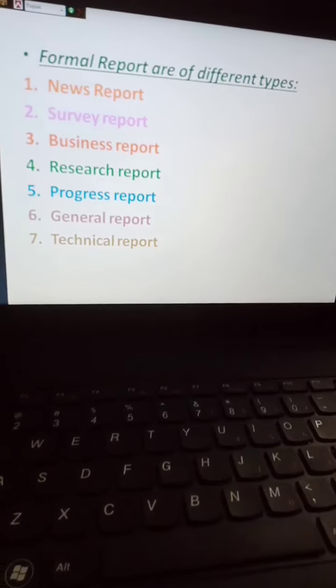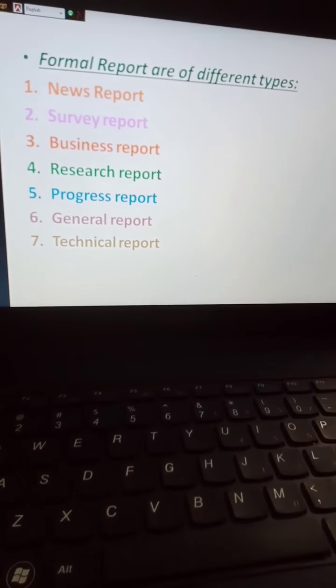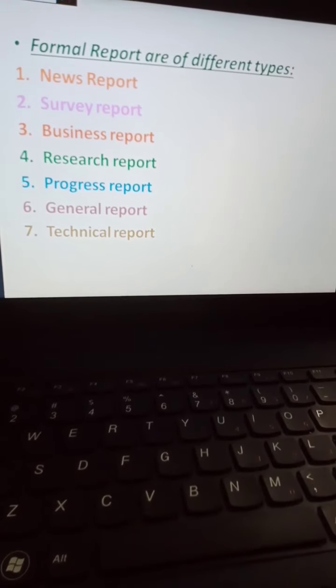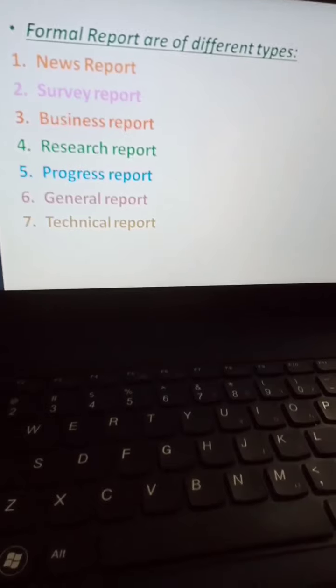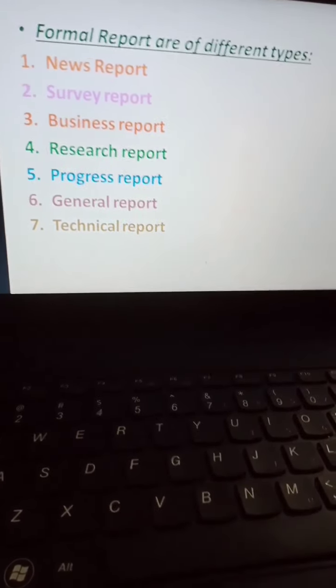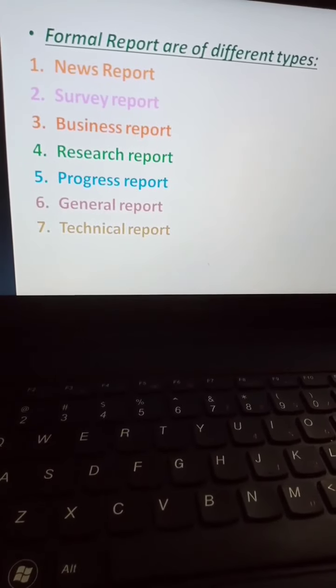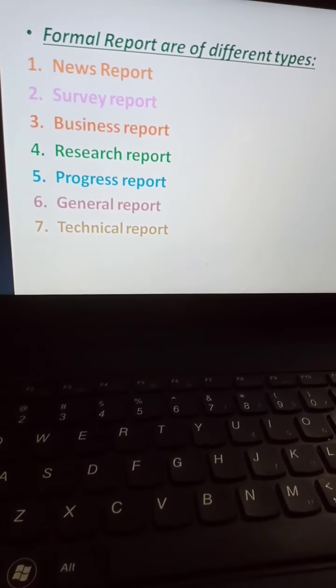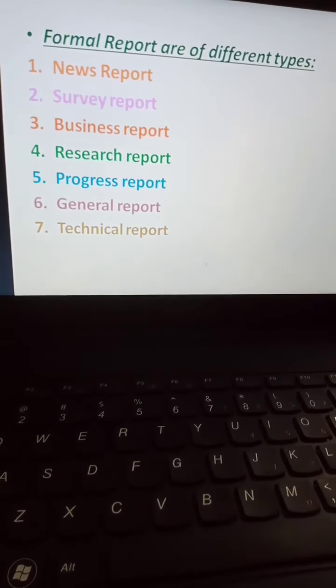Now I am going to present to you the classification of formal report. Formal reports are of different types. Okay, so look at the slide. News report, survey report, business report, research report, progress report, general report, and technical report.